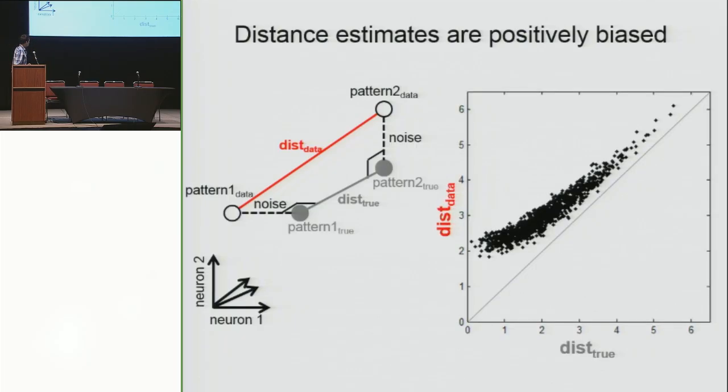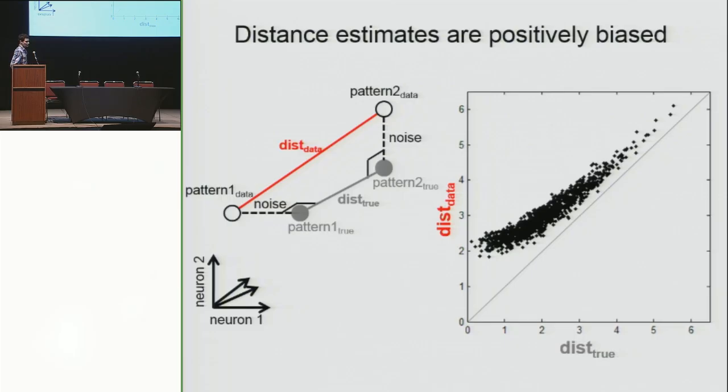When we play around with MATLAB in a few lines, we can visualize this. Here you have the distance in the data, so these are the distances of the noisy pattern estimates. And here are the true distances before the noise was added. And you see that when the true distance is close to 0, there's this big positive bias, where the measured distance is always much bigger than the true distance.